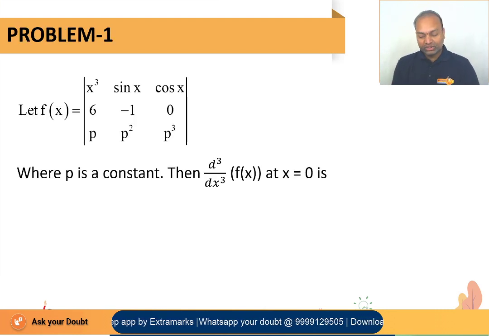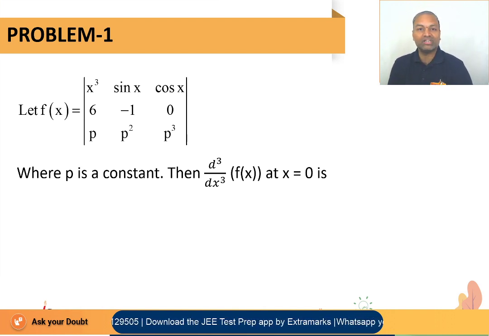Now see the first question. f of x is equal to the determinant whose first row contains x cube, sin x, cos x, and the second row and third row also have some values, where p is a constant. Then find d cube by dx cube of f of x at x is equal to 0.